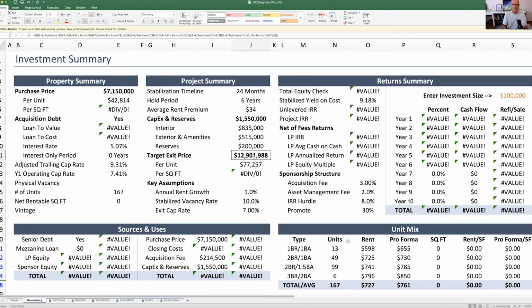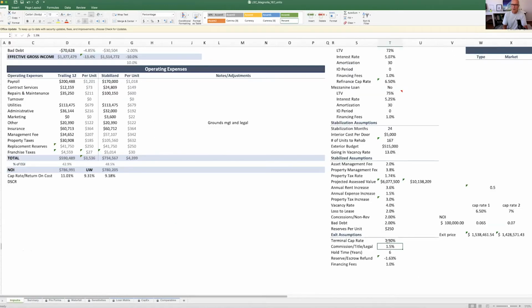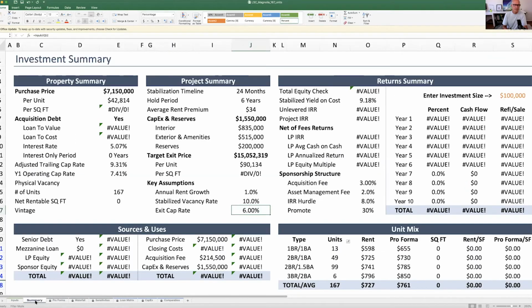But I want to show first how sensitive the value is when you change this parameter. So let's say, what happens if we go with that 6%, the actual prevailing market cap? Huge effect, right? Over $2 million increase in value. And that would be a beautiful thing, right?